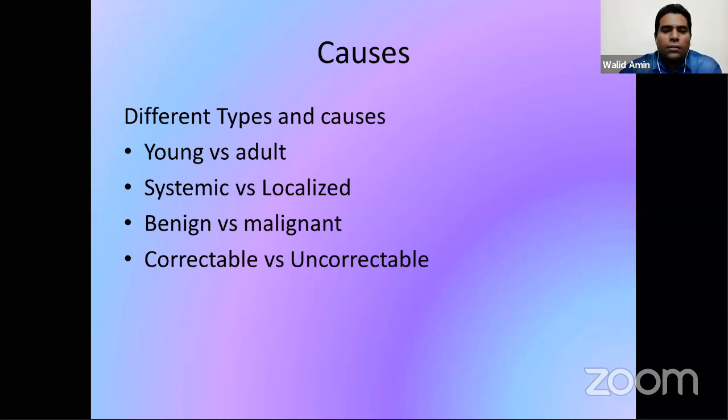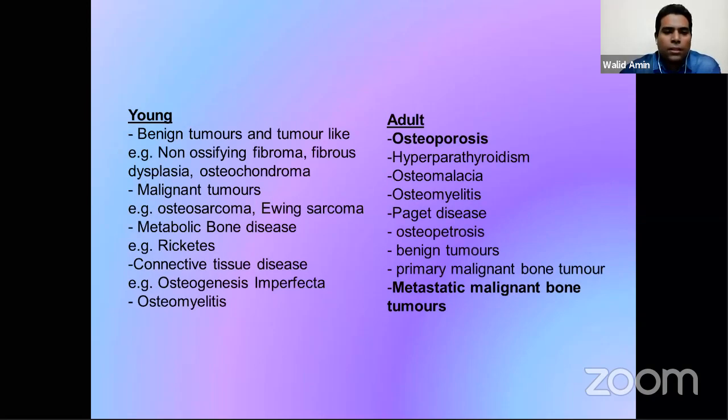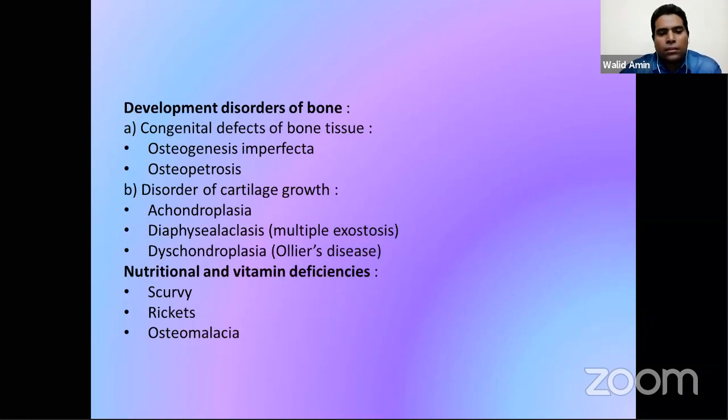If we need to classify by another means, it can be classified as developmental disorder of bone, nutritional and vitamin deficiency. Pathological fracture can be due to hormonal imbalance or atrophic conditions of bones.